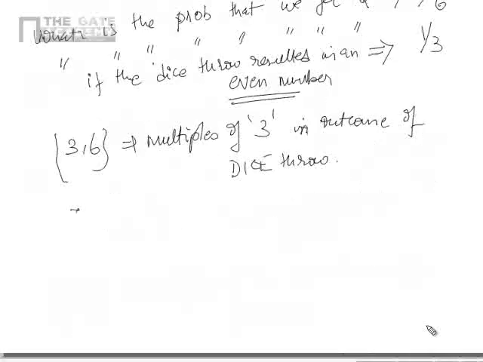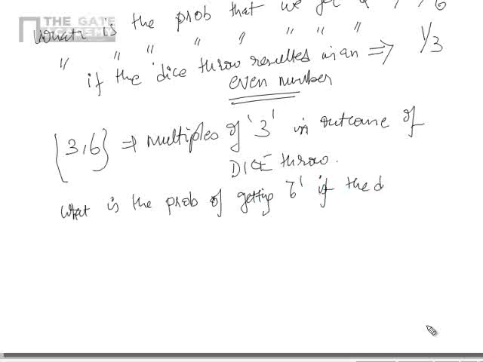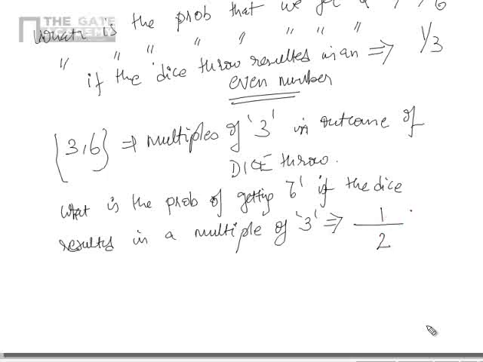Now what is the probability of getting 6 if the dice resulted in a multiple of 3? Means what? The dice resulted in a multiple of 3. So there are only 2 outcomes possible, out of which 6 is one of the outcomes. This is the probability of getting 6.